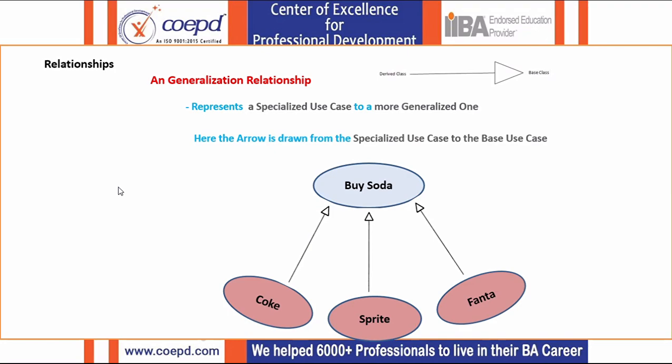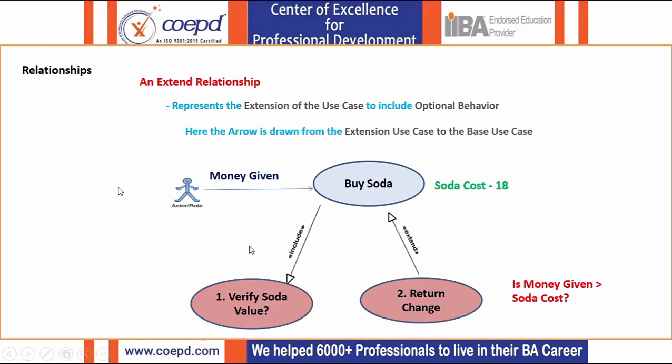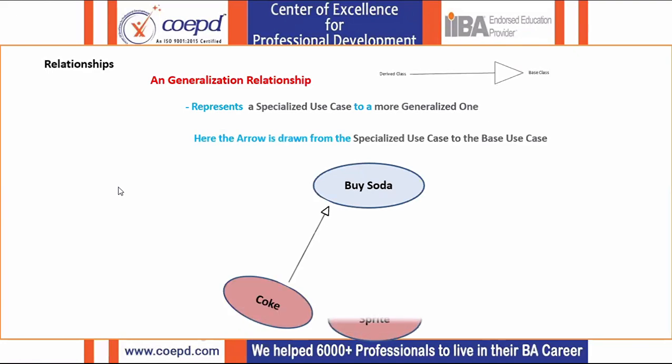Got it? That means Coke is a kind of soda, Sprite is a kind of soda, and Fanta is a kind of soda. When you represent generalization, we are not going to name anything. If you check, we write a label for extend, but for generalization we don't use it.